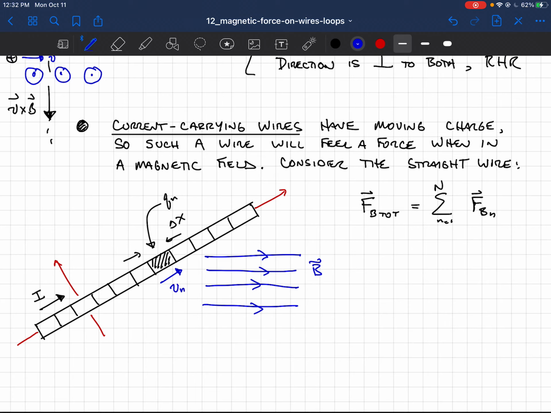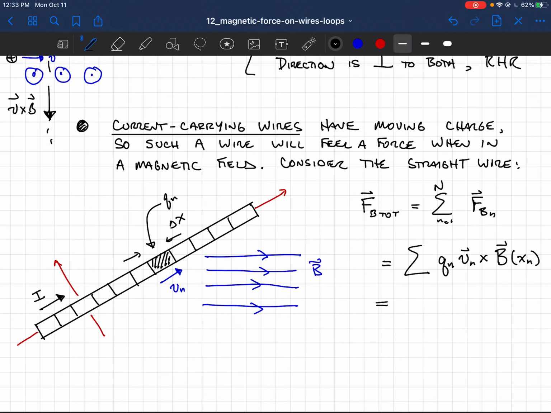So it's moving along the wire. So let's see what that means. So the force on that little chunk is going to be, based on our first equation, Qn times Vn vector crossed with the magnetic field at that position. So I guess we could say the magnetic field at position xn there.